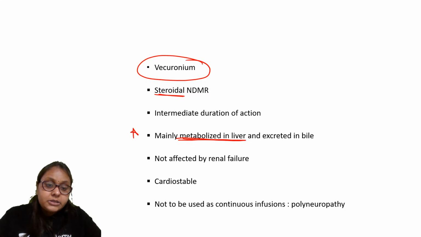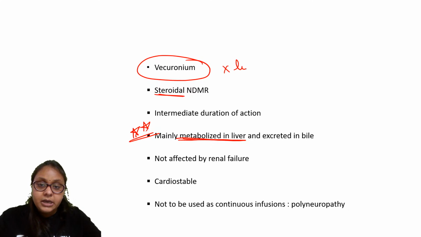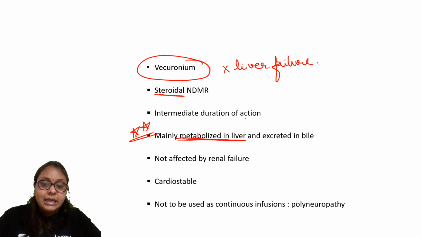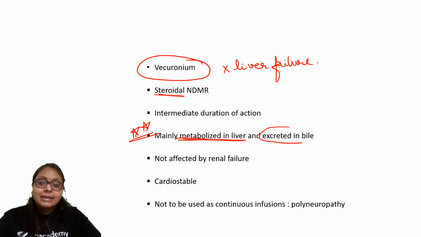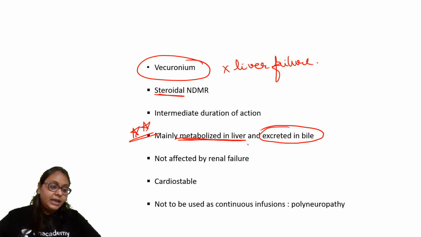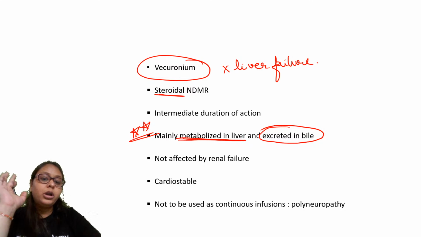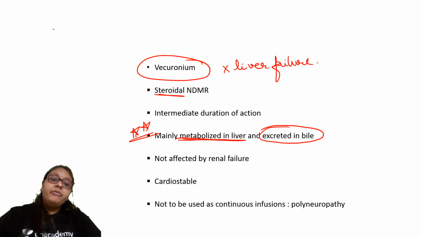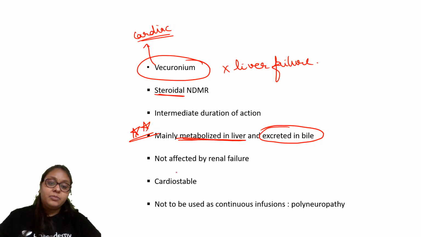Remember, it is therefore not given in liver failure patients, because it is metabolized in the liver and excreted in the bile. It is not affected by renal failure. Where will we find vecuronium? We will find it in cardiac OTs because it is cardiostable.